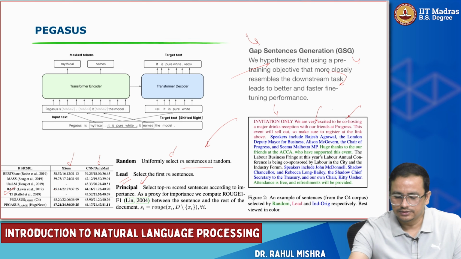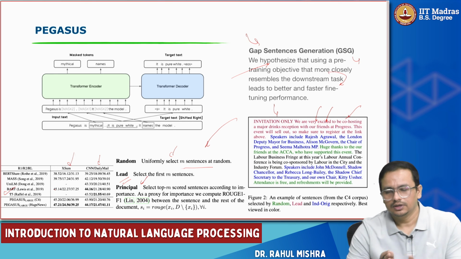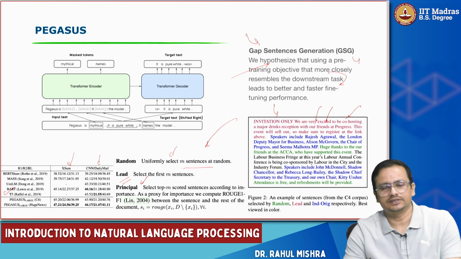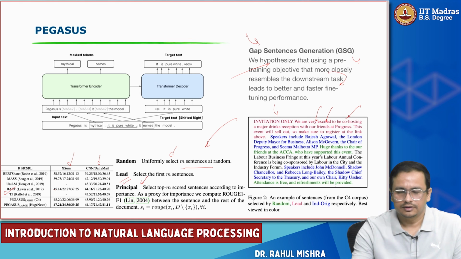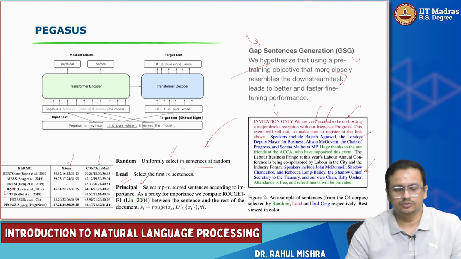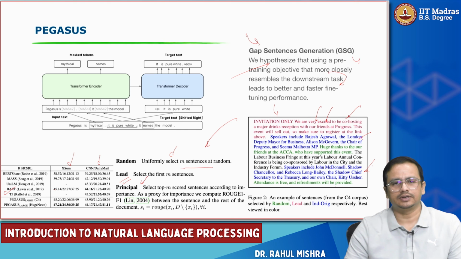What is the ROUGE-1 score with this sentence as the target generated text and the whole document as the gold reference, right? So it is about how much lexical matching there is. Based on this you get a ROUGE score, and they selected the top M sentences based on that. Let's say this and this, they selected these, right? So these two strategies they followed, and they outperformed BERT pretty well, right?